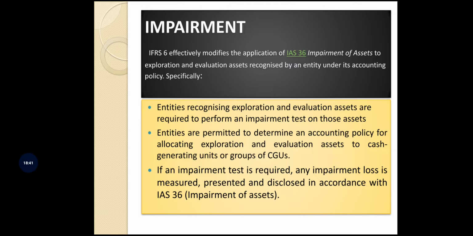It is the first one. Entities recognizing exploration and evaluation assets are required to perform an impairment test on those assets, which means if an entity uses the assets in connection with the exploration and evaluation of mineral resources, those assets must be verified under International Accounting Standard 36.